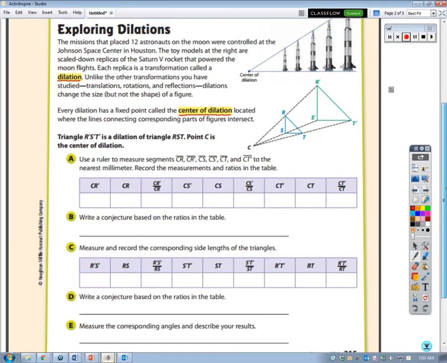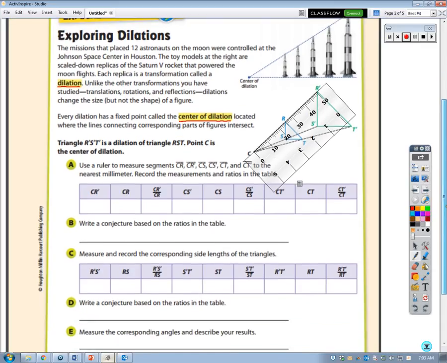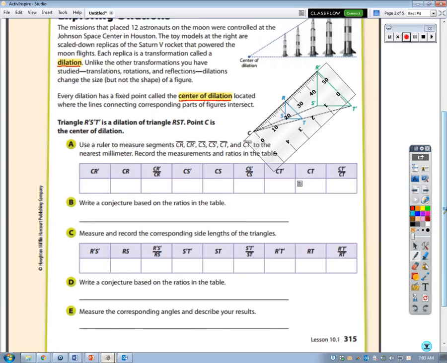So I have to grab my ruler up here and bring it down. Each one of these represents a centimeter, so that would be 10 millimeters. That's 1 centimeter, 2 centimeters, 3, 4, and 5 centimeters. So I can see that segment CR prime is 5 centimeters, and I'm going to write that in here.